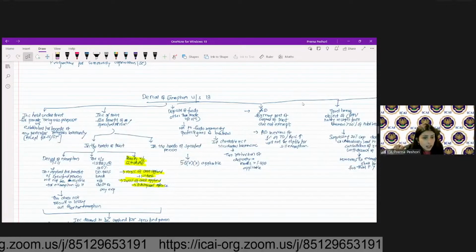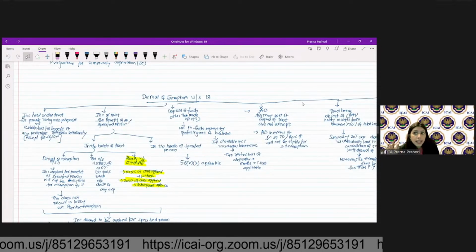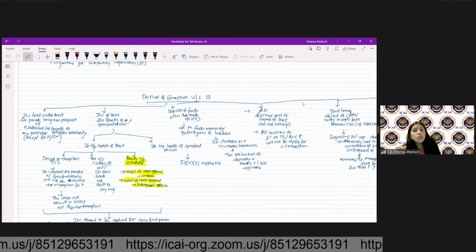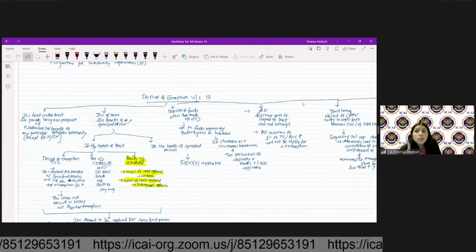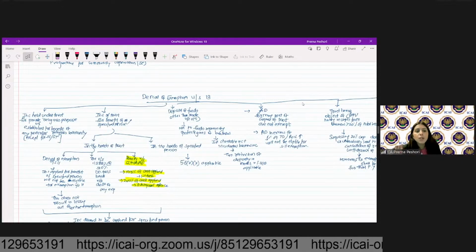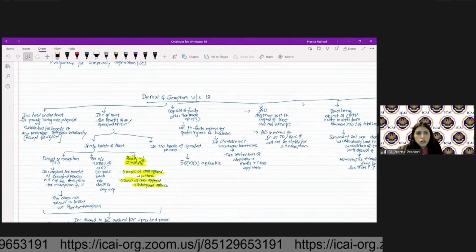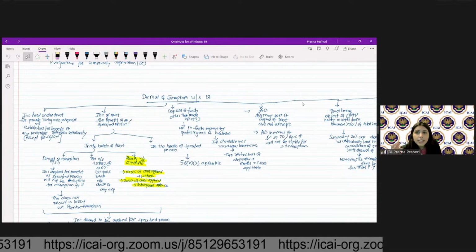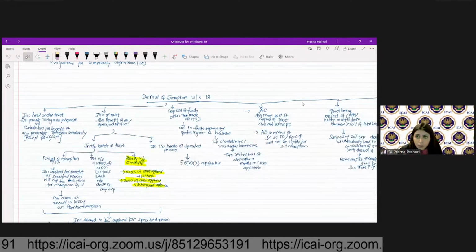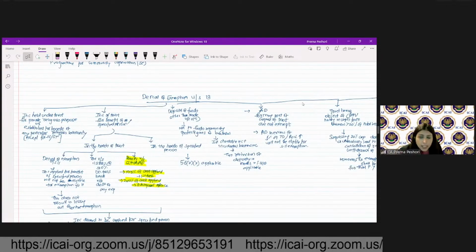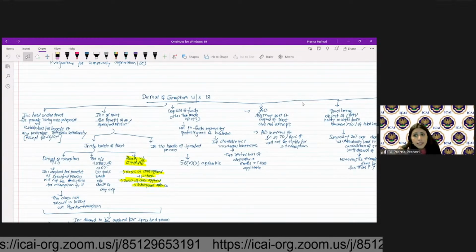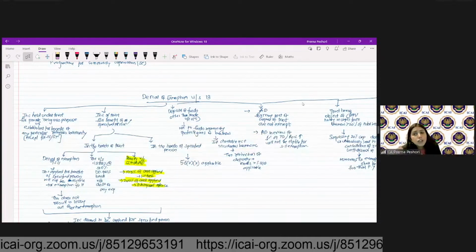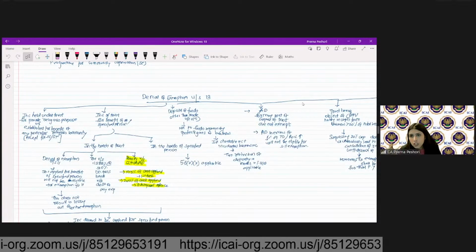So to that extent to which the income is applied, to that extent only, there will be the denial of exemption under 11 and not the entire exemption will get denied. So income which is applied, let's say for example, if I have 10 lakh rupees, I have applied let's say 1 lakh rupees as the income for the benefit of a specified person, then only to the extent of 1 lakh, I will not be eligible to claim the exemption under section 11.